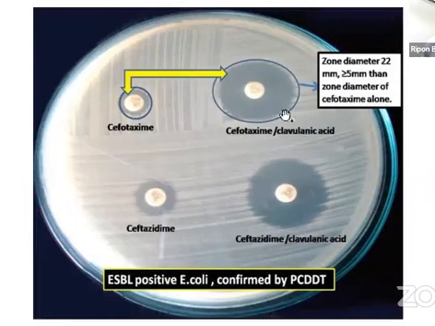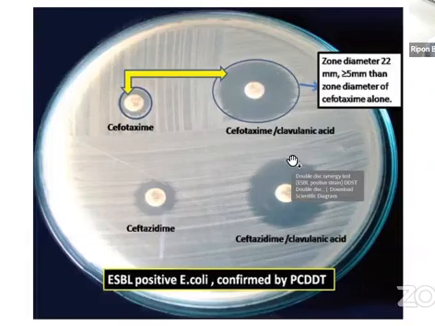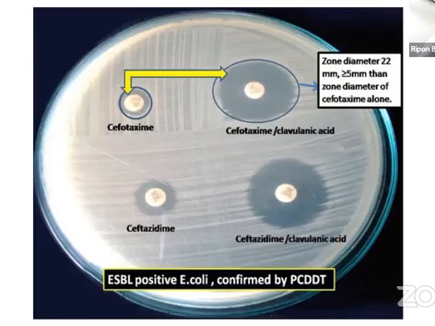If the zone diameter of the combined disc is greater than or equal to 5 millimeters more than the zone diameter of the disc alone, that is an ESBL-producing bacterium. So why am I showing this detection of MRSA, ESBL and some bacterial resistance patterns? It is a recap so that during the discussion of empirical therapy, we can correlate more easily.